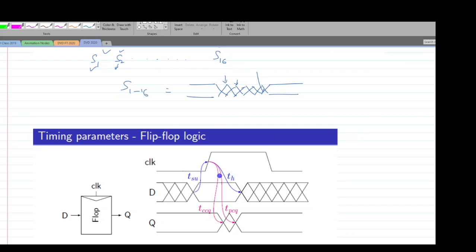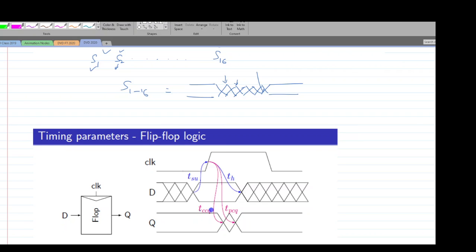Also, you could see that the clock to Q delay has both the contamination as well as the propagation delay. Depending on the type of input that I have here, if it is a 0, then the clock to Q delay would be minimum. If you have a data input which is 1, then the clock to Q delay would be maximum, depending on how the transistors are attached inside this particular circuit.